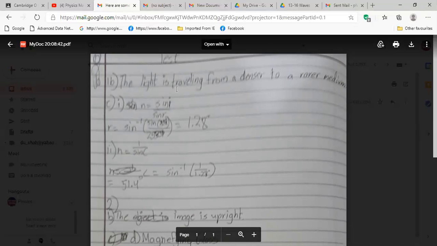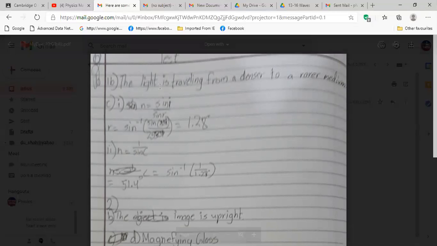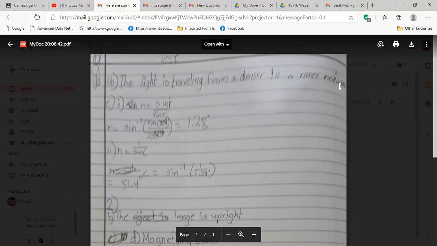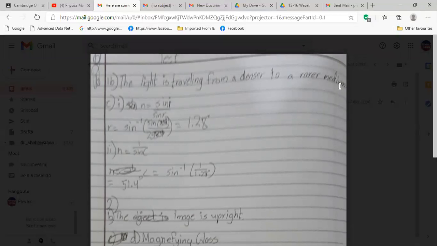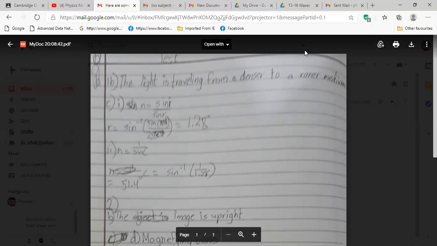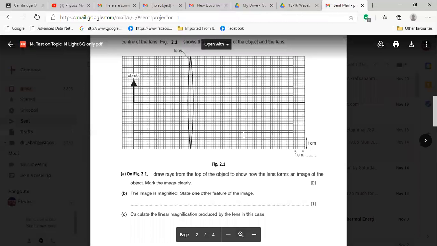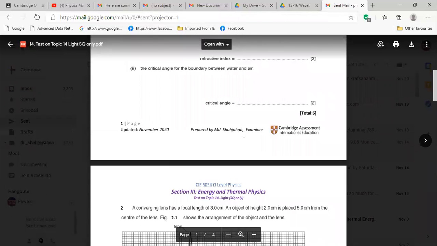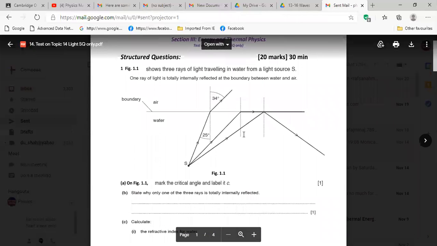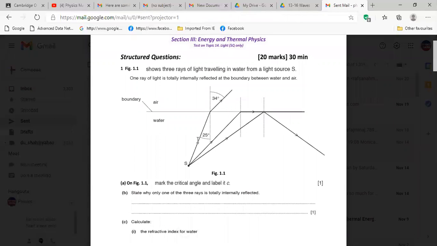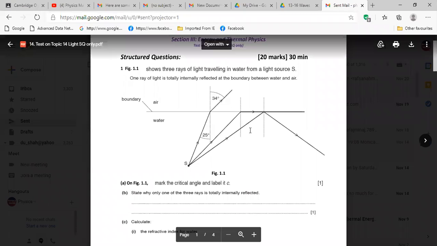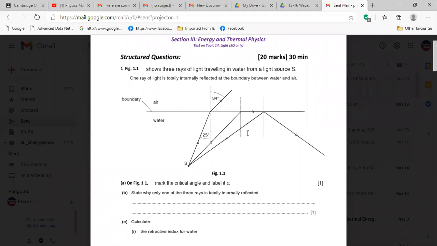Now 1B, you are saying light is traveling from a denser to a rarer medium. Is it enough information to get total internal reflection? Look, light is traveling from denser to rarer medium for the first ray, second ray, third ray, all of them, right? Isn't it, Mahi?